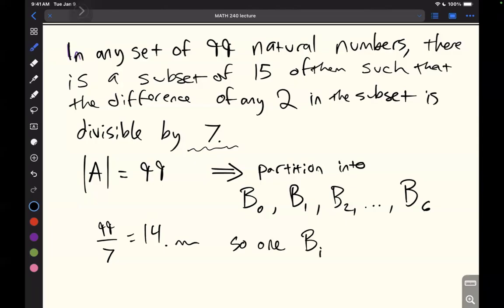So one of the sets, let's call it Bi, has at least 15.